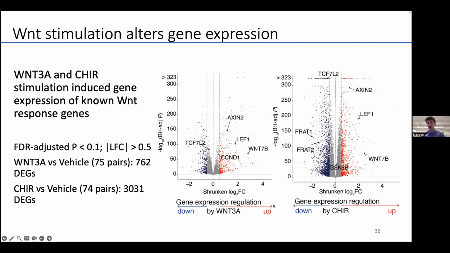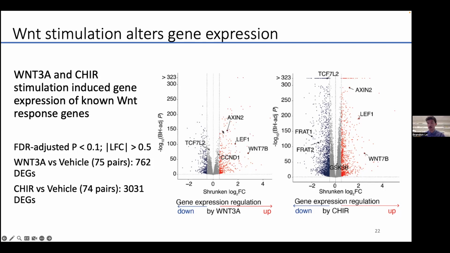So switching over to gene expression, similar plots showing the changes in genes as a result of stimulating the Wnt pathway. Again, Wnt3a on the left and CHIR on the right. If you see the log fold change above 0, this means that the Wnt stimulation increased the expression of that gene, and below 0 meaning Wnt reduced the expression of that gene.